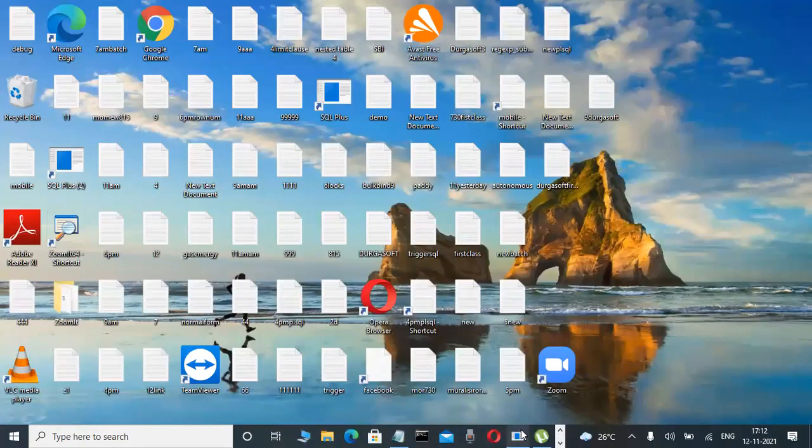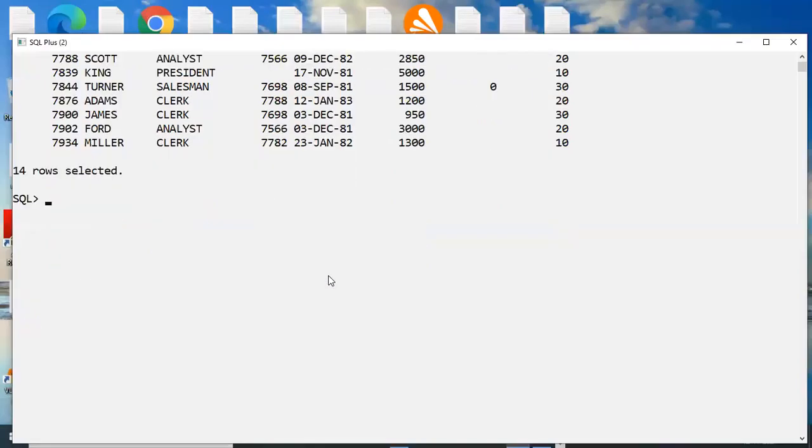Select ABS of minus 10, minus 20, minus 50, anything, from dual, and automatically it is written as a positive number. Whenever negative calculations are there and I want to display positive in the final output, we go for the absolute function.